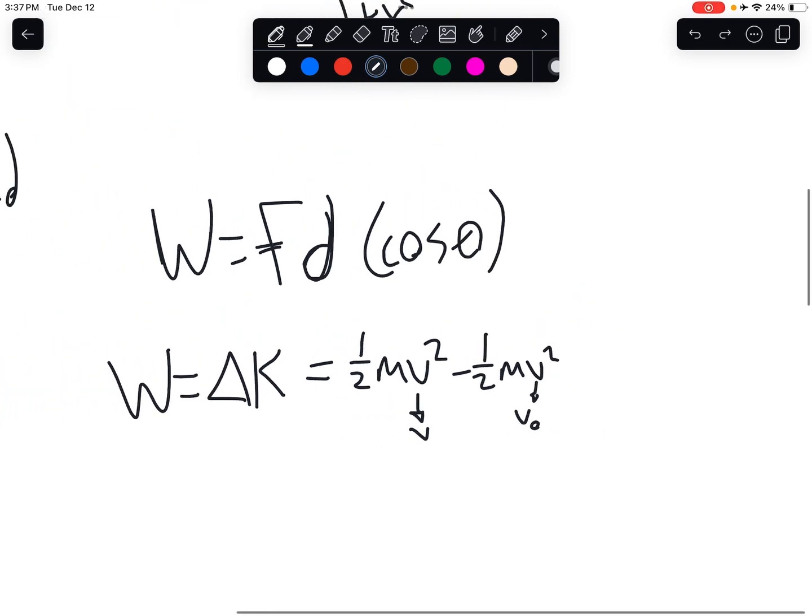So this is another way to find work that you should keep in mind, but it will probably also be on the formula sheet. It's just useful to understand that this is useful for problems where velocity is given, and the other one is useful for the majority of other problems.